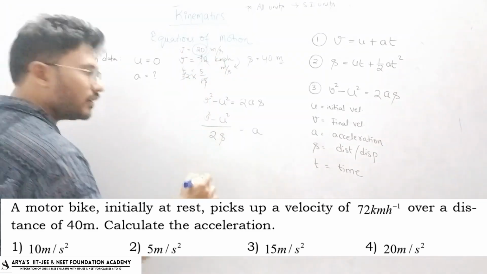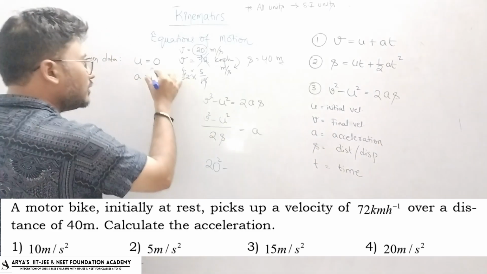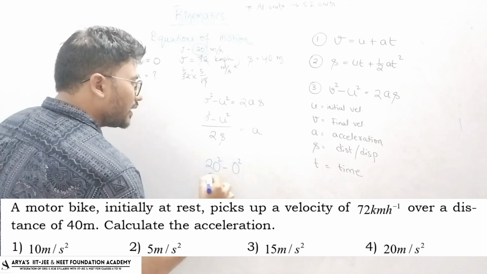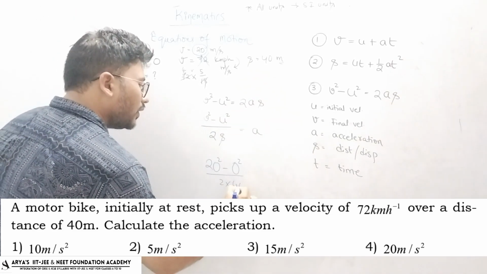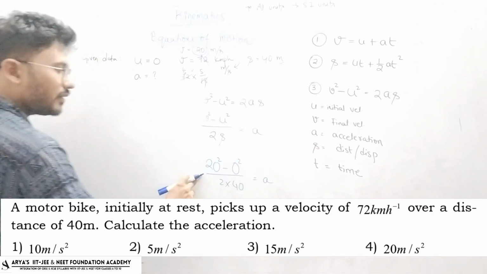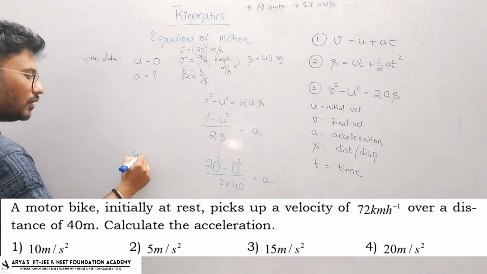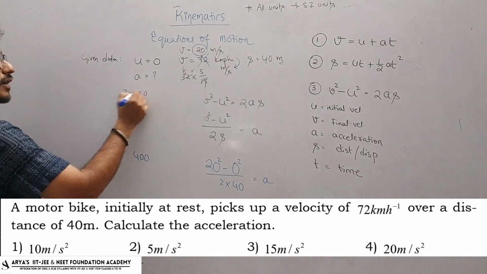We have converted, no? 20 square minus U value 0 square by 2 into S value 40, which is equal to A. What is 20 square? 400. 20 into 20.